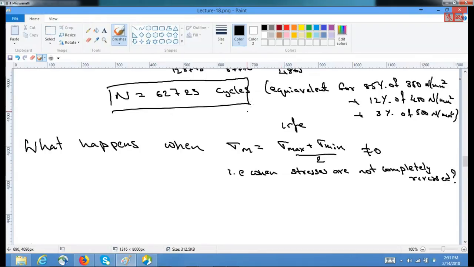The above theory will break down because your endurance limit will change when you have non-zero mean stress, and it will also depend upon the amplitude. So based on that, we will give certain theories to handle the cases of fluctuating stress with non-zero mean.